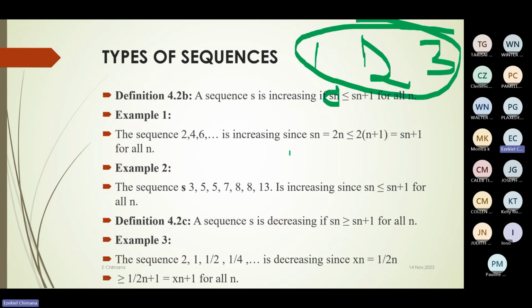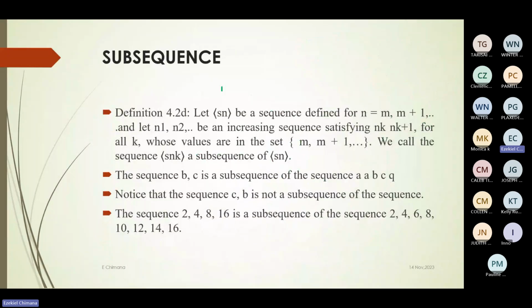When the values are decreasing, Sn, the previous value, is always greater than or equal to the next value. That's what you call a decreasing sequence. So maybe you might have 2, 1, 0, minus 1, just going down. That would be a decreasing sequence.